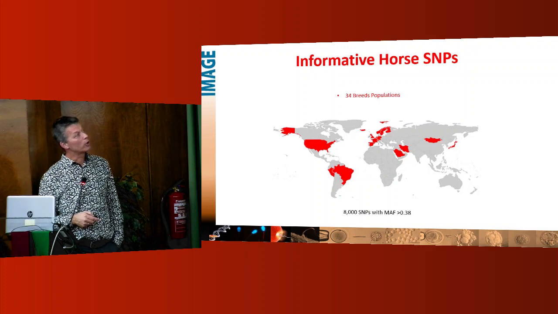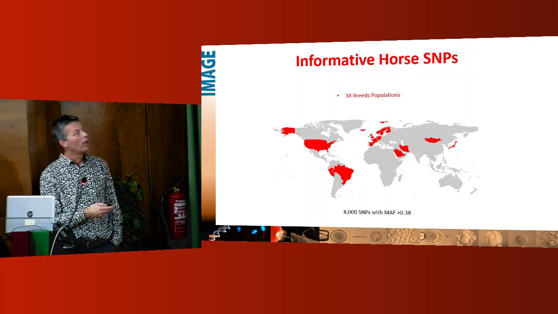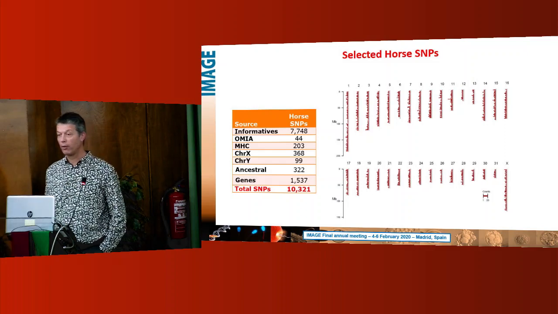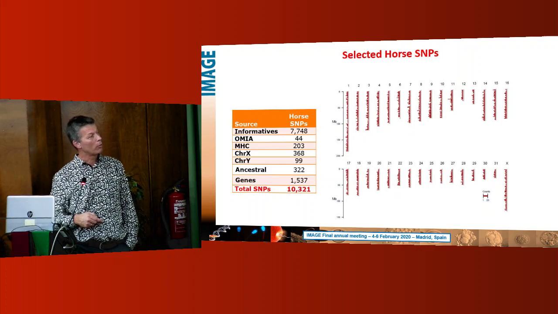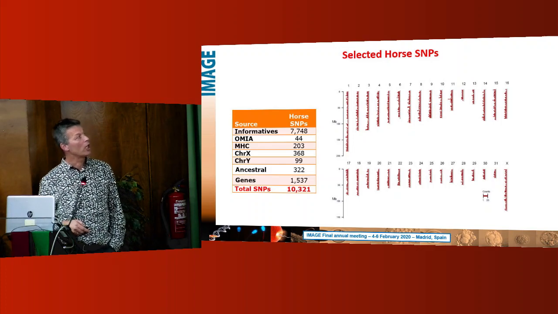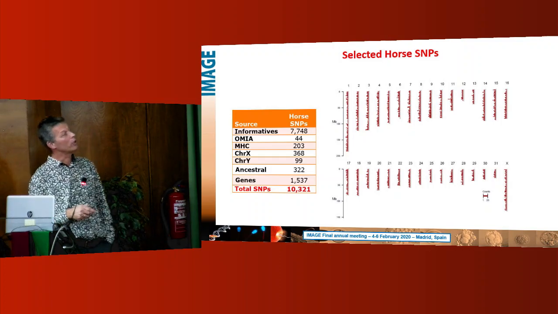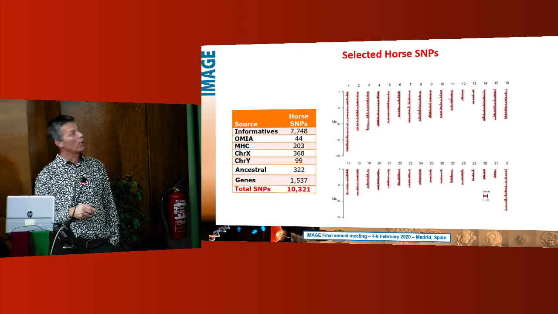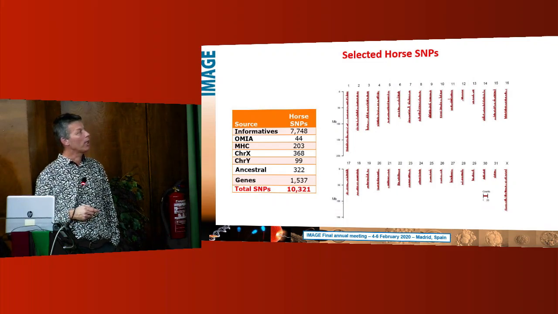Where are the informative horse SNPs coming from? 34 breeds from different countries of the world. And of course we have to annotate them on the genome. These are all the chromosomes where we'll see the coverage of the selected SNPs. And then we have a list of where they're coming from. So we have informative SNPs, which are also used on the developed arrays, to connect that to existing data sets.